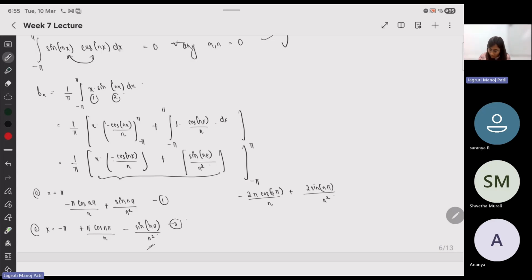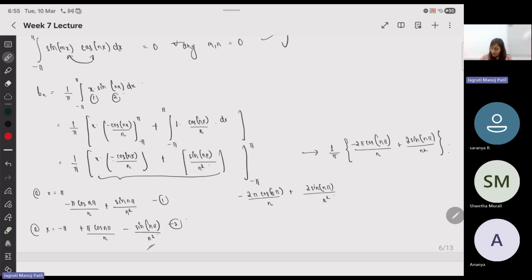Now if you insert this term into the bracket here, what you get is 1 by pi of negative 2 pi cos of n pi by n, plus 2 sine n pi by n square.